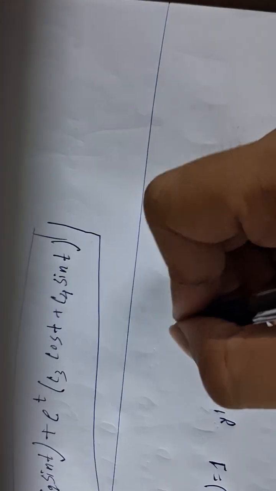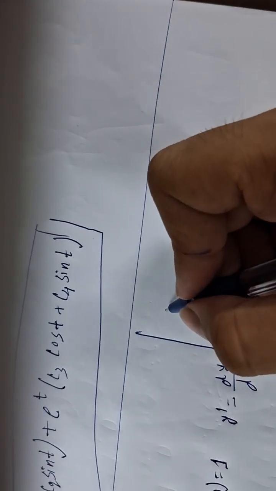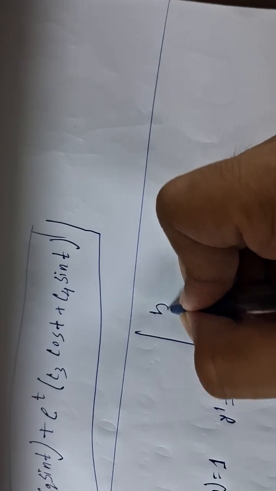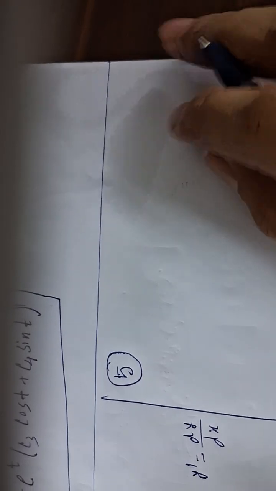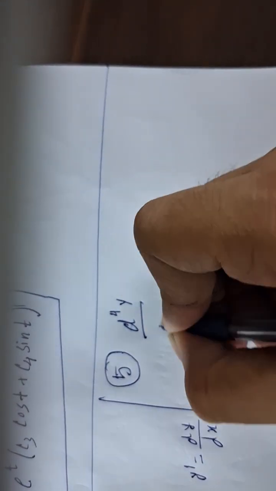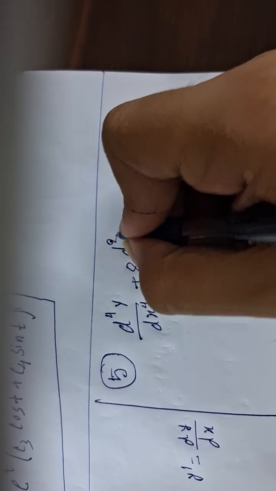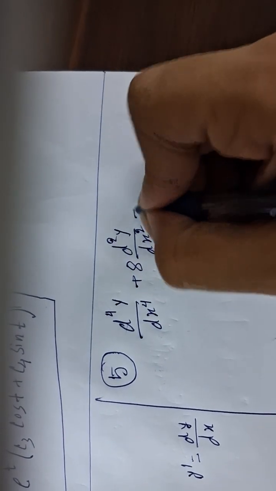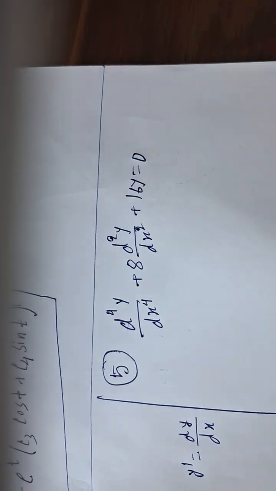And the last, fifth question. Actually in the book the sixth question is written, so I read the sixth question. The fifth question, because obviously I am not creating the questions, I am writing them from a book, is d4y by dx4 plus 8 d square y by dx square plus 16y equals 0.